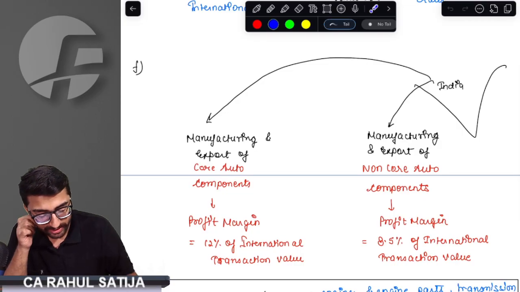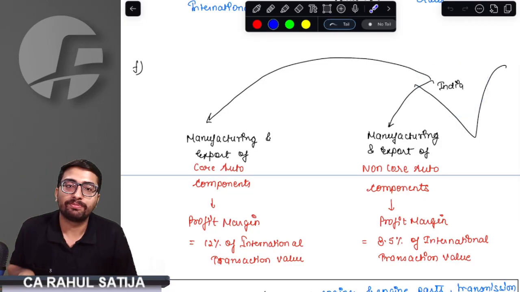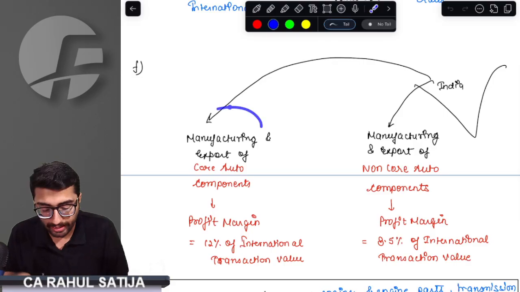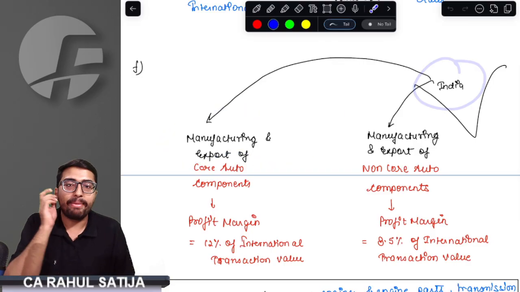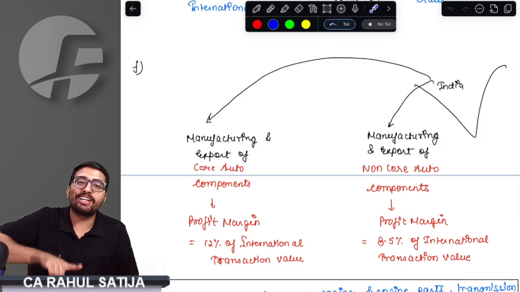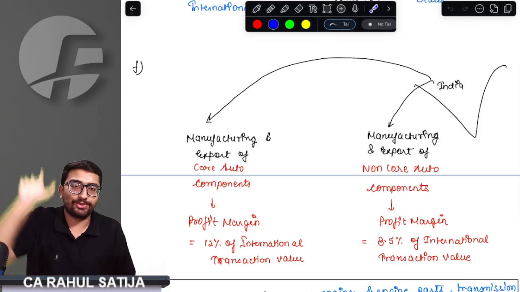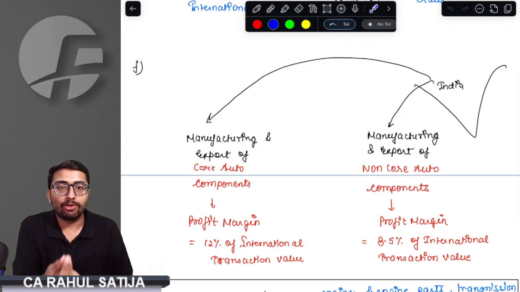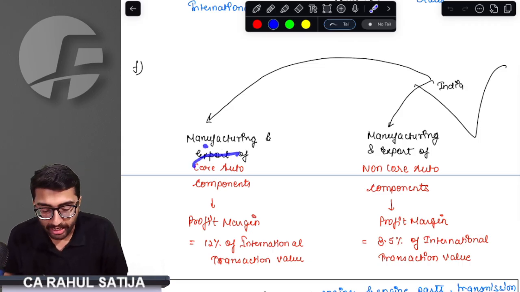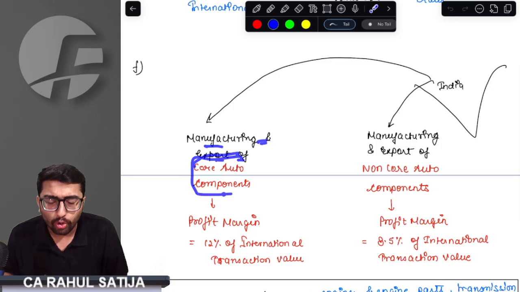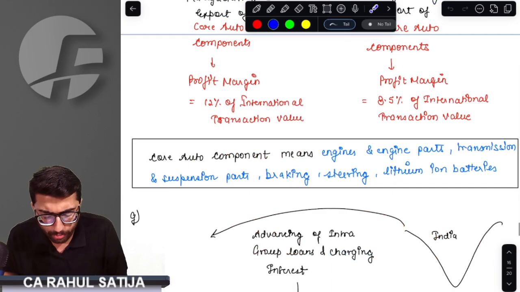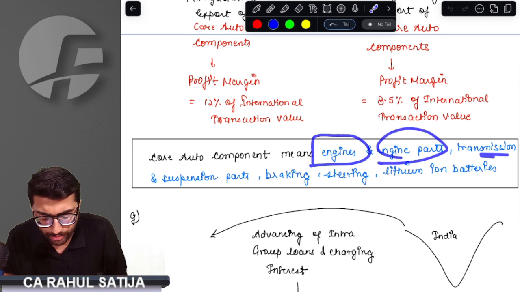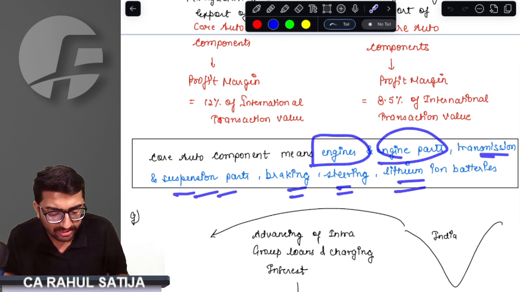Okay. If an Indian entity manufactures and exports auto components to an associate, now sir, if the Indian entity manufactures and exports core auto components, core auto components imply engine parts, transmission, suspension parts, braking, steering, lithium ion batteries.